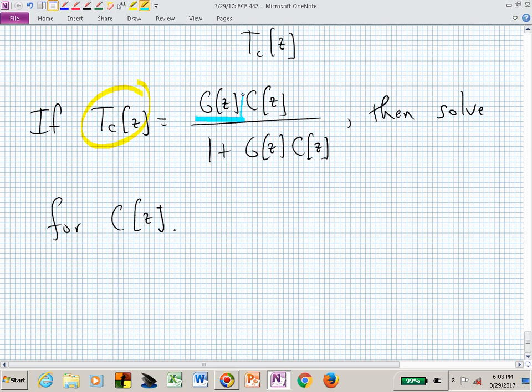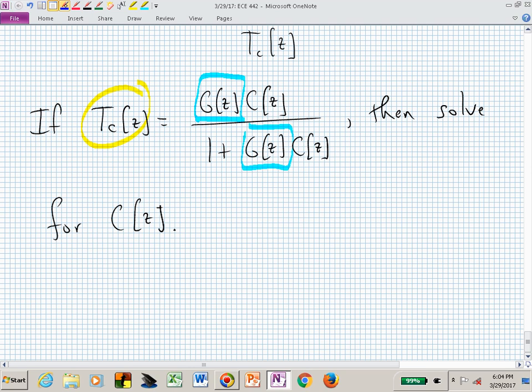We know what the plant is. We now want to determine what our controller, C of Z, is, such that when it's combined this way with our plant, we'll produce T sub C of Z. Now we just need to basically back out C of Z from this formula. That's where our controller design formula is coming from.